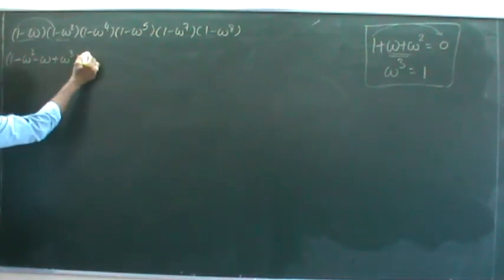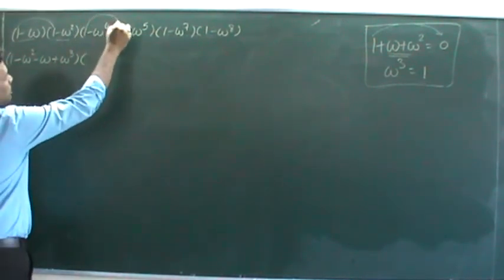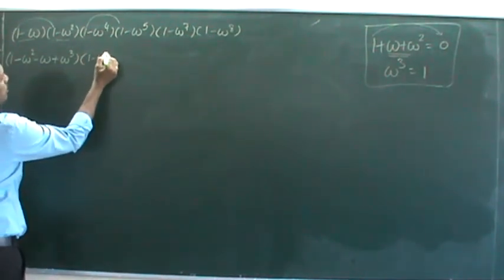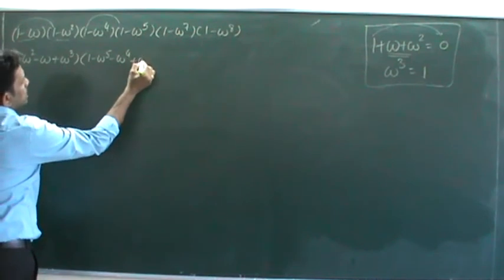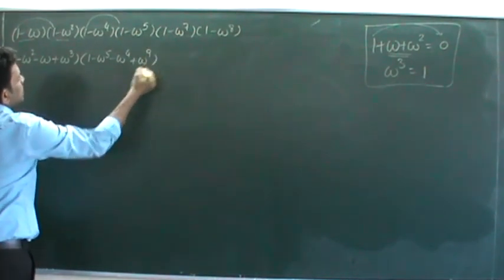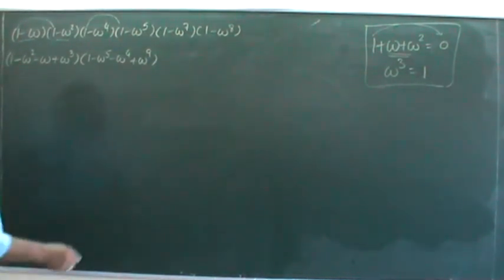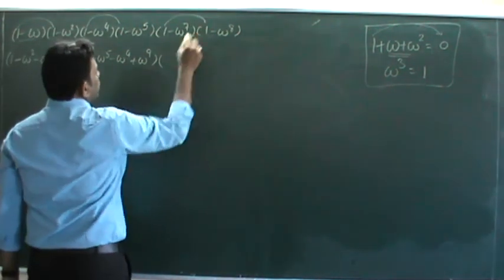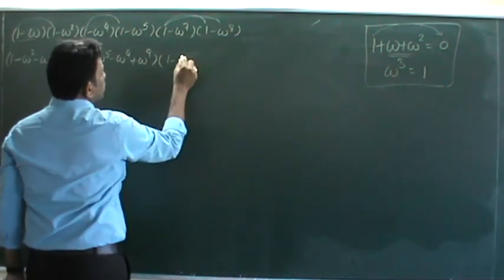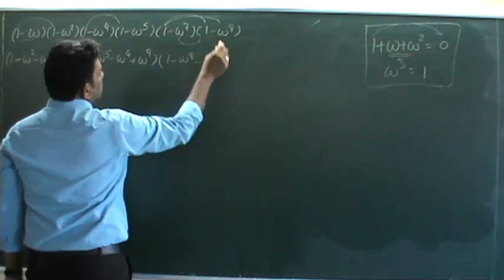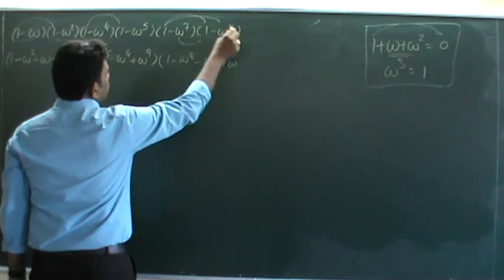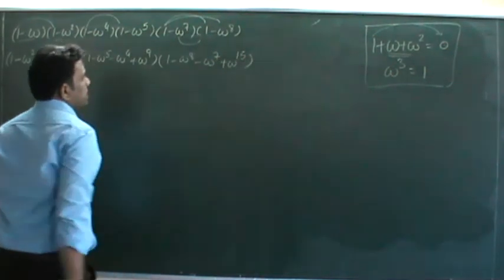but omega cube. Here also we multiply: 1 ones are 1, 1 into omega power 5, minus omega power 4, minus into minus plus, 4 plus 5 is nothing but 9. Again these two we multiply: 1 ones are 1, minus omega power 8, minus omega power 7, minus into minus plus omega power 15, since 7 plus 8 is 15.